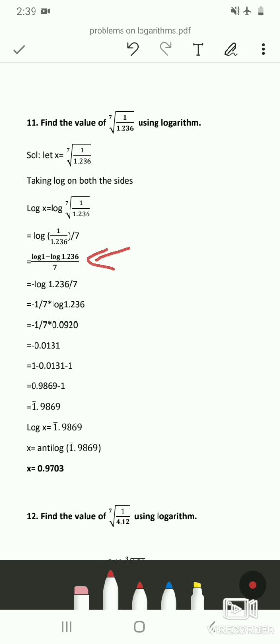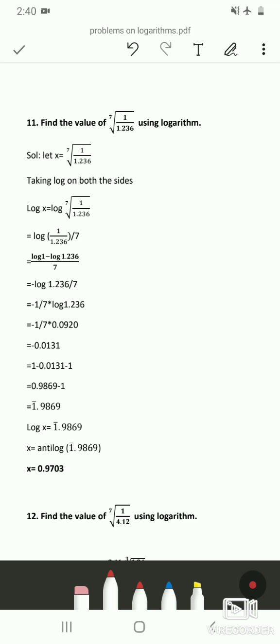So log 1 is 0. So we'll get it as minus log 1.236, whole divided by 7. So this can be rewritten as minus 1 upon 7 into log of 1.236.